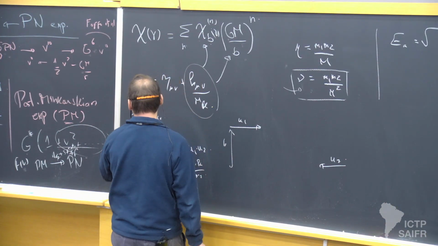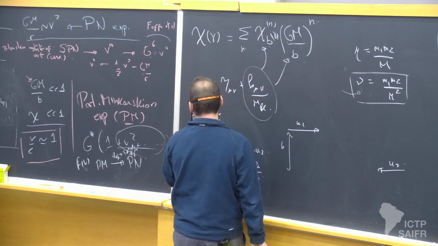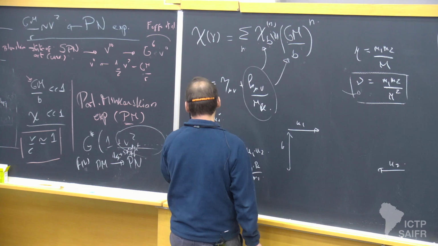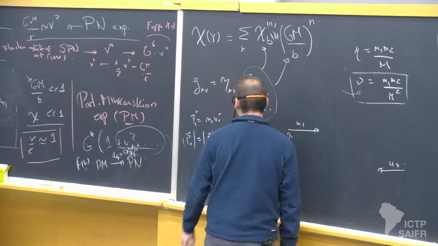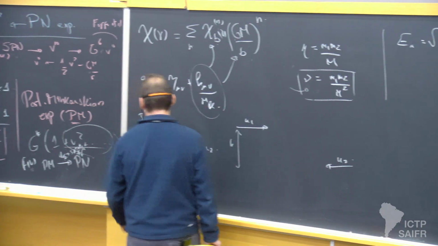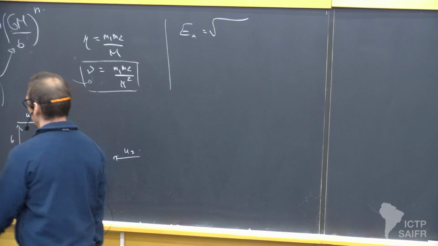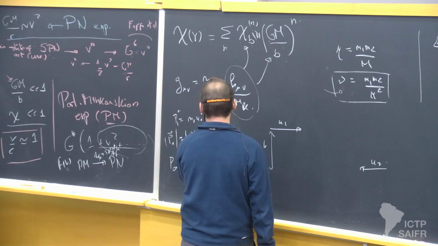If you go to the center of mass, then this is the P mu. But the momentum of the particle 1 is equal to the momentum of the particle 2, and it's equal to P. Sometimes the incoming momentum, the relative incoming momentum is called P infinity. So equal to P infinity.